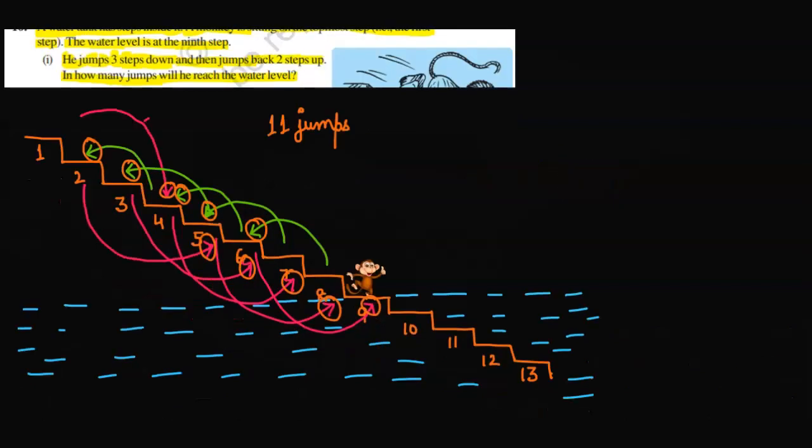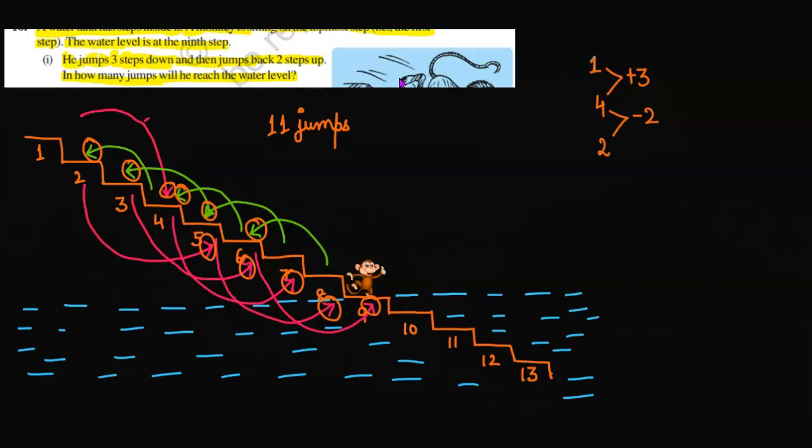We see that he started at the step 1 and he made the first jump, which is of 3 steps. So he reached the step 4 and then he jumped backwards, that is -2.